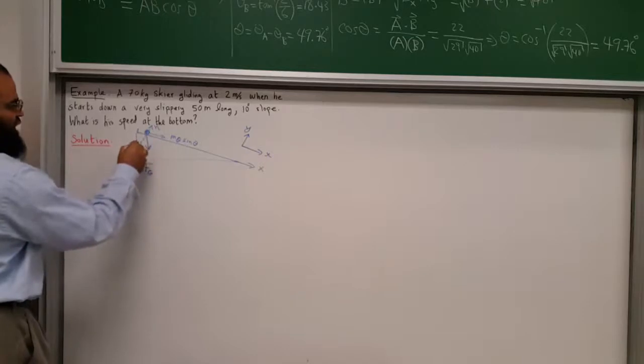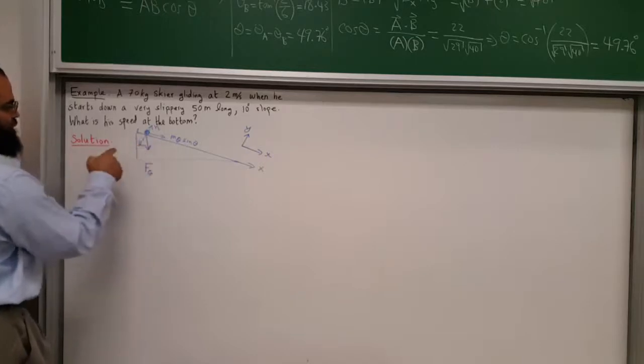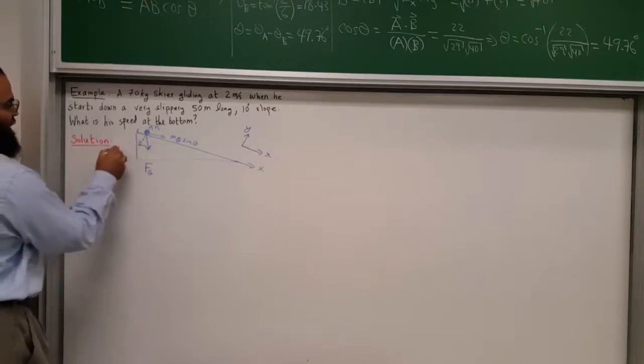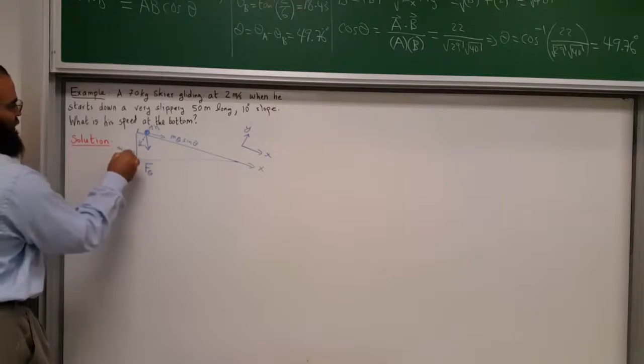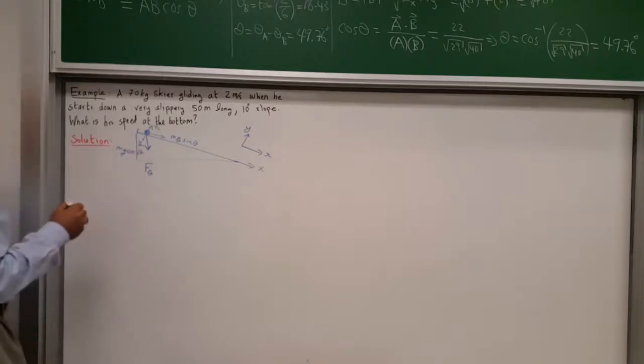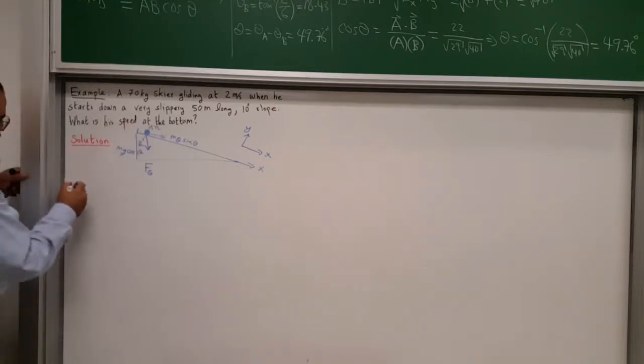This component of gravity this way is mg cosine theta, and that's balanced by the normal force. If you like, you can write that the force of gravity has two components.